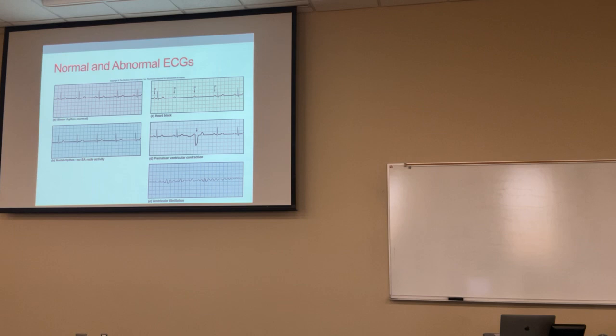Now, if you see something looking like that recording on the bottom right, that's very, very serious. That's what ventricular fibrillation looks like. So what happens in ventricular fibrillation is signals are being spontaneously generated by a part of the ventricular wall, possibly because the heart's not getting enough oxygen, because the blood flow to the heart is being cut off.